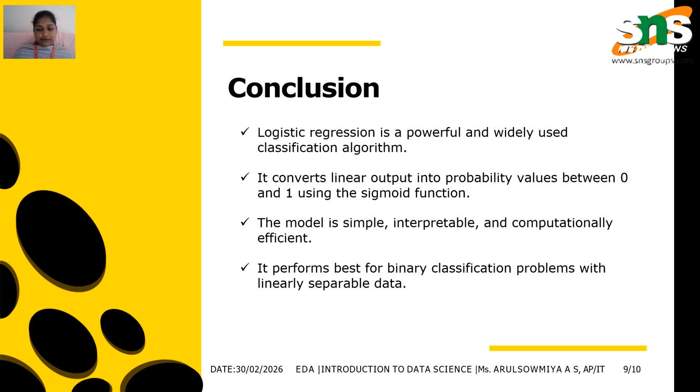It performs best for binary classification problems with linearly separable data. Using logistic regression, we can get easy output by using a graph model or a sigmoid function. It is simple and efficient for calculating probabilities, and it also performs binary classification, multinomial classification, and more classification processes in given probabilities.